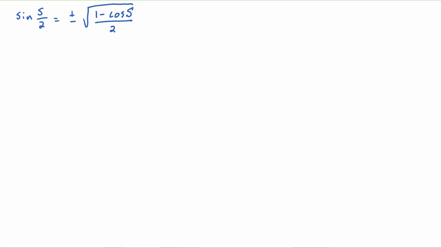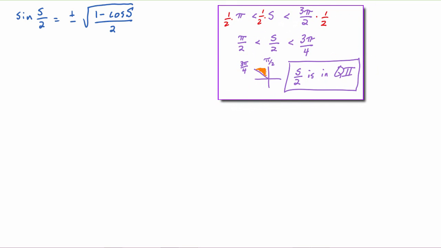Now, we can decide whether this will be positive or negative based on the quadrant of S over 2. And we determined already that S over 2 is in quadrant 2, which means we choose positive. We know that the sine of any angle in quadrant 2 is going to be positive.